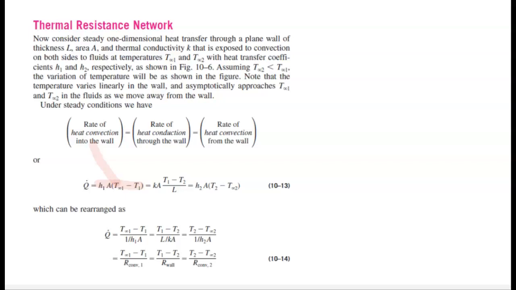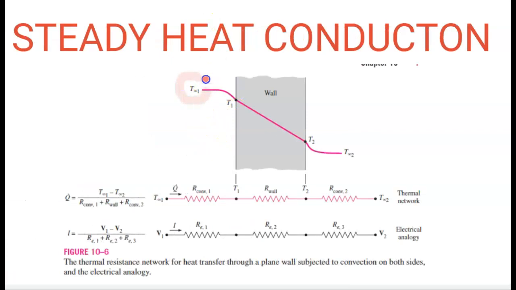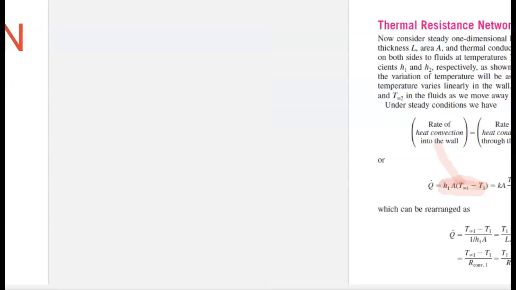Now, when we have a look at the thermal resistance network, we said the rate of heat convection into the wall is equal to h1 A (T infinity 1 minus T1). T infinity 1 is that temperature, and T1 is the temperature of the inside of the wall.